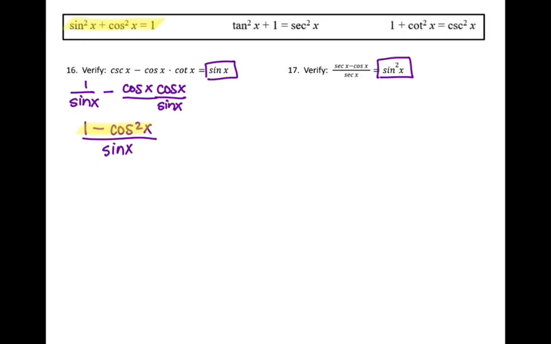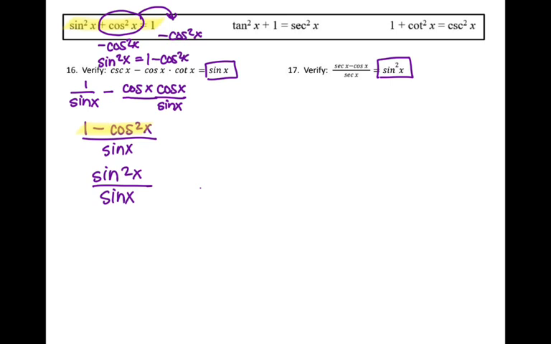So what I can do is take my cosine squared and move it to the other side by subtracting. So really, I have sine squared equals 1 minus cosine squared of x. So I can replace my numerator with sine squared of x over sine of x.